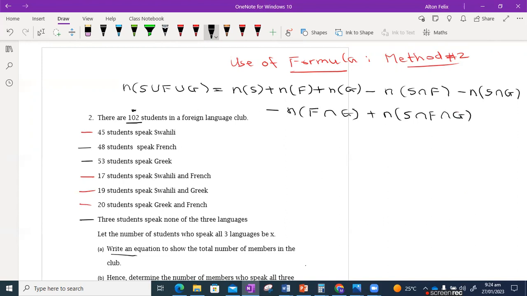Now, this intersection of all 3 is what we call an X.